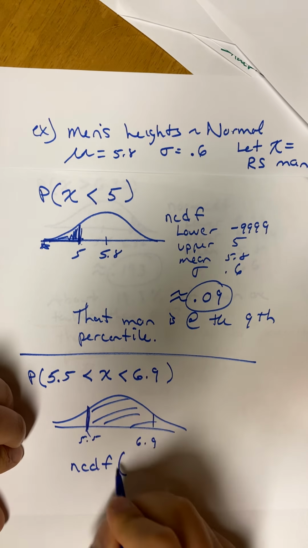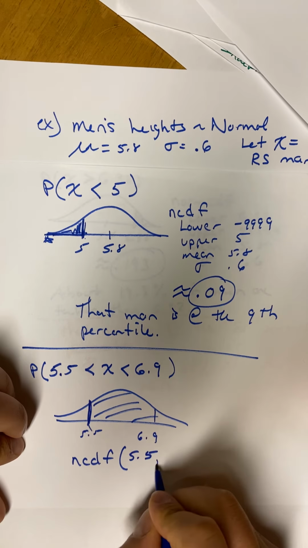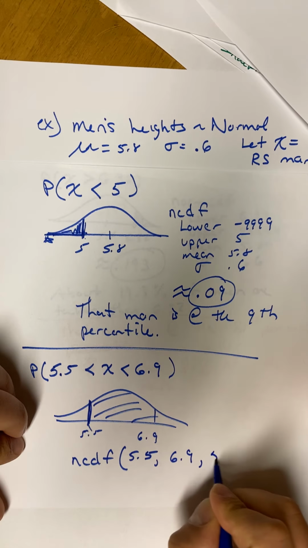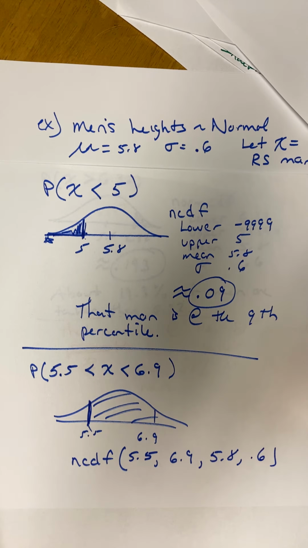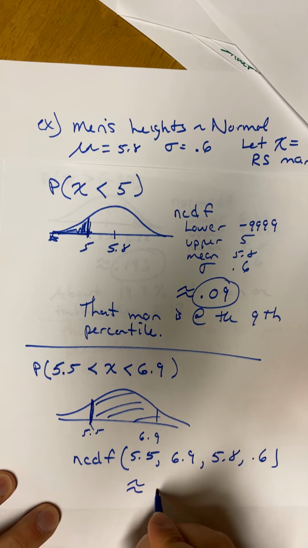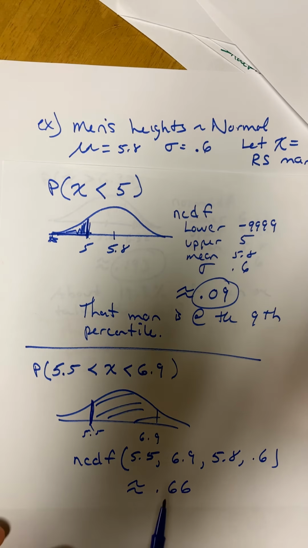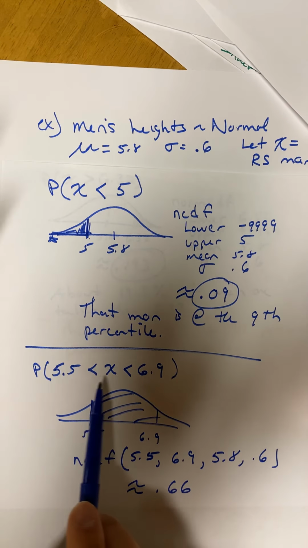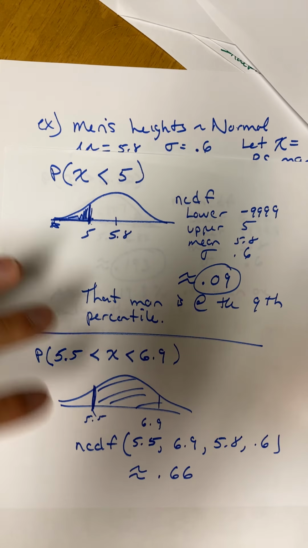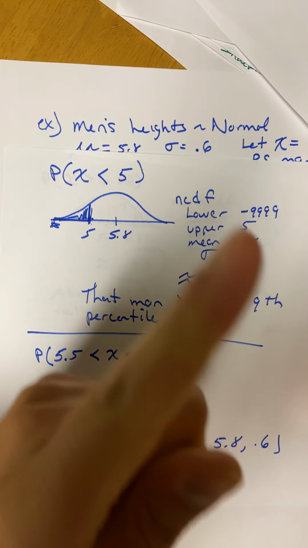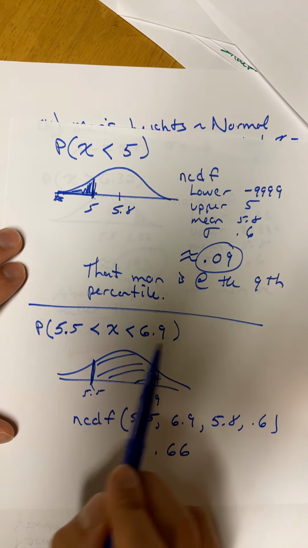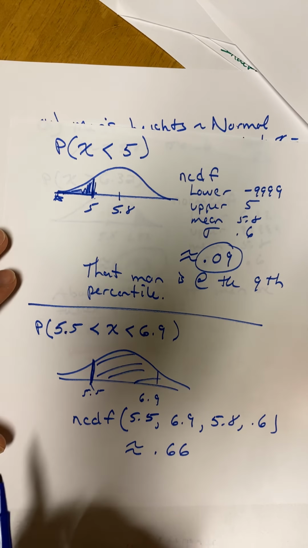Now my lower bound is here. 6.9 is here. 5.8, 0.6. It's 0.66. So the probability a man is between here and here is about 66%. If I reached into a bag of all men, pulled out one of them, there's a 66% chance he's between this and this with heights.